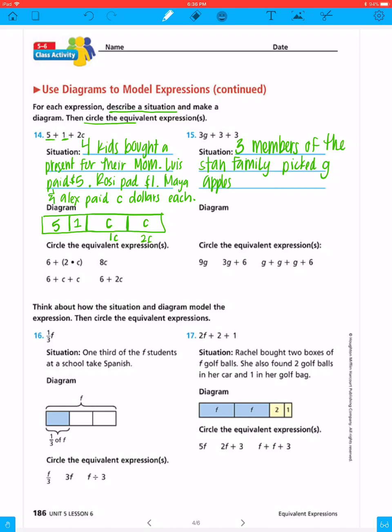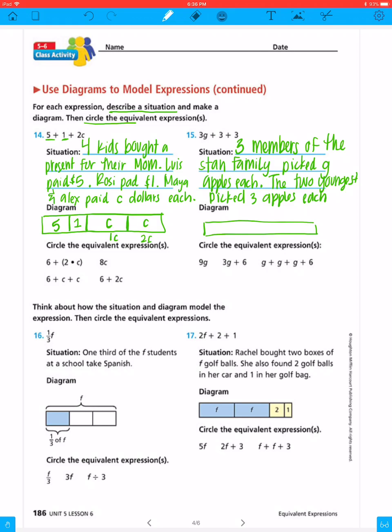Now, I'm not going to tell you how many, but they picked some apples. And 3 of them picked a certain number each. And 2 of the youngest kids, they each picked 3 apples. So there's 5 members of this family total. 2 of the youngest picked 3 apples. And the 3 oldest, they each picked a G number each.